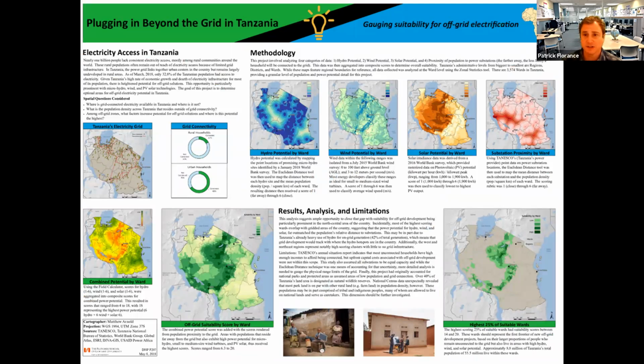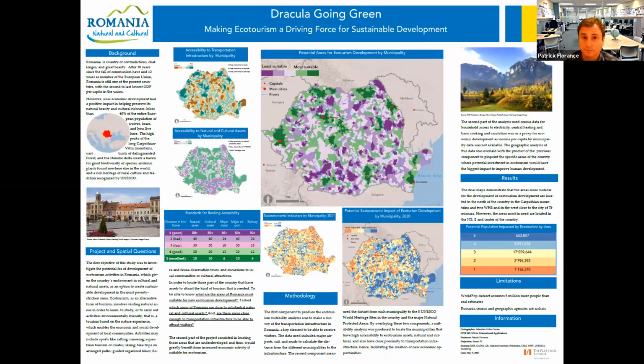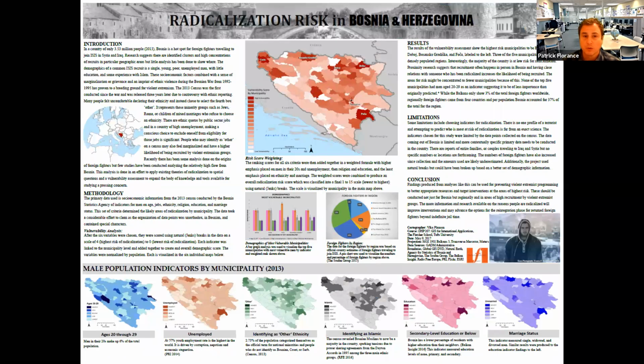Identifying areas in Tanzania for off-grid electrification. Or identifying areas primed for ecotourism in Romania. What areas are optimal for ecotourism development? Or risks of radicalization.